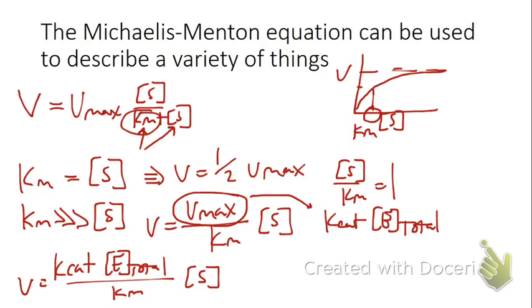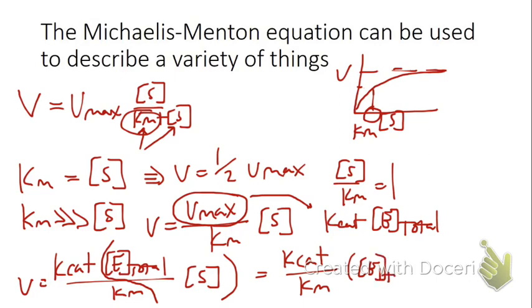And like we did in the previous step, we're just going to move this out, and we're going to put kcat over Km times E total times the concentration of substrate.